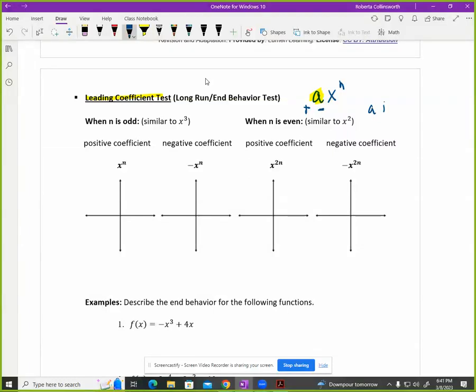So A is positive or A is negative. So I have two possibilities. If I have a positive coefficient and I have a negative coefficient, what's this doing to my odd function? So when n is odd.